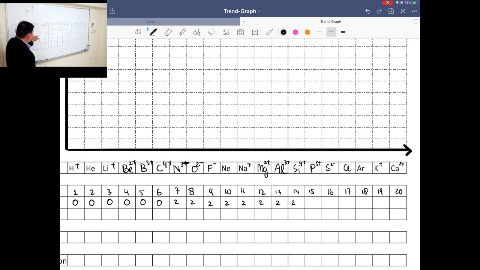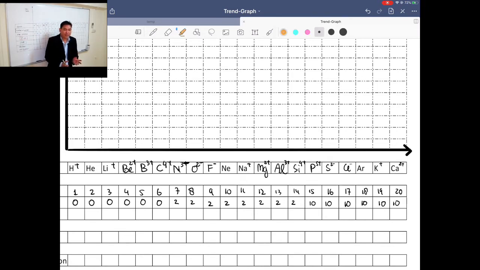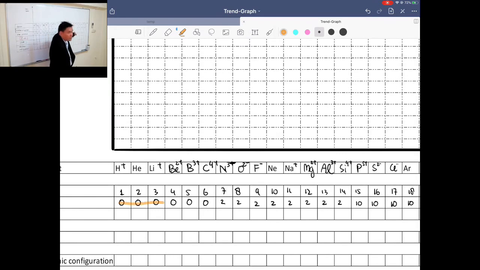So the one that we write down is just the inside, so we fill up with 2 here from nitrogen 3- all the way until silicon 4+, and phosphorus 3-, P 3- all the way until Ca 2+. Each of them will have 18 electrons. 8 will be on the outside, 10 on the inside, so we are going to fill up 10 here.